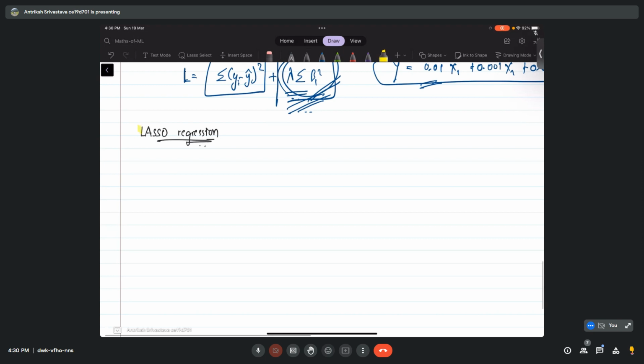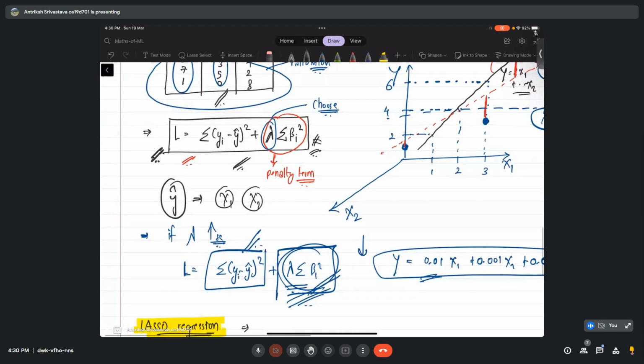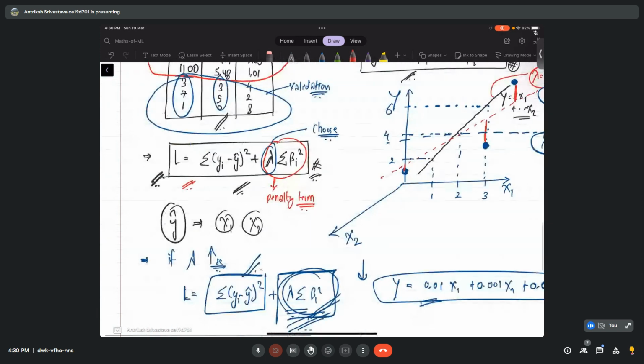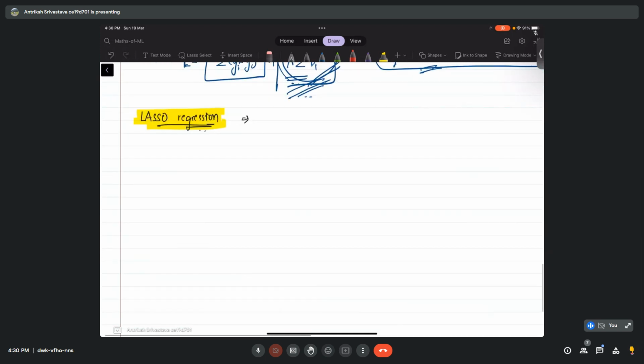So what is the difference between lasso regression and ridge regression? Before I go to lasso regression, one thing to note is this process of adding this penalty term is called L2 regularization. Some nomenclature is there, but you can just memorize this. And lasso regression will have L1 regularization.